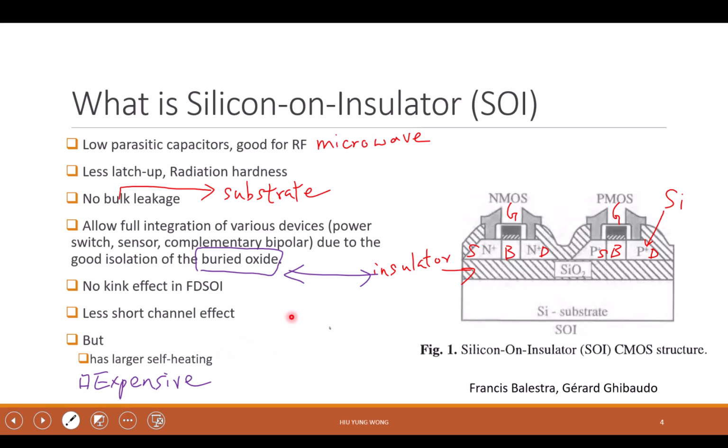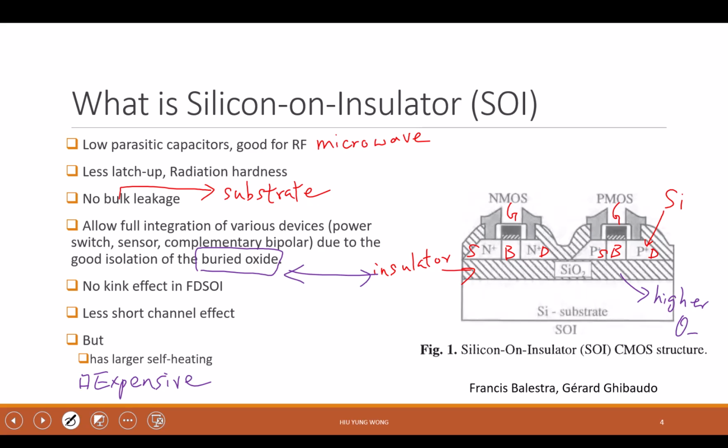What is self-heating? When I turn on the transistor, it will heat up. Now, why is that? It has more self-heating because you are isolated by this insulator. And usually insulator has lower thermal conductivity, or higher thermal resistance. Do you remember we talked about the thermal resistance?